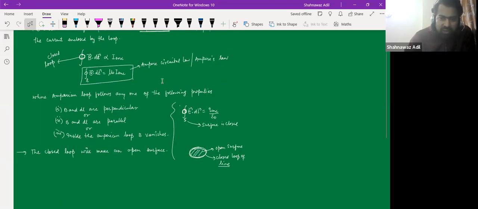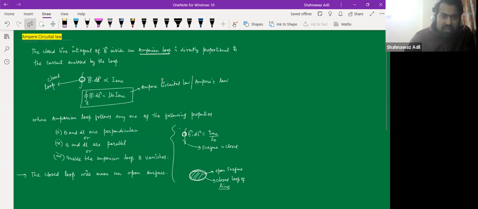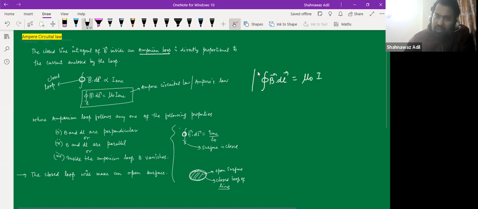That is Ampere's law that we studied in the last class, and it says that the closed line integral of the magnetic field is simply mu naught I.